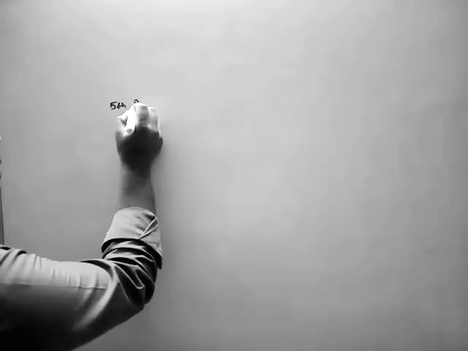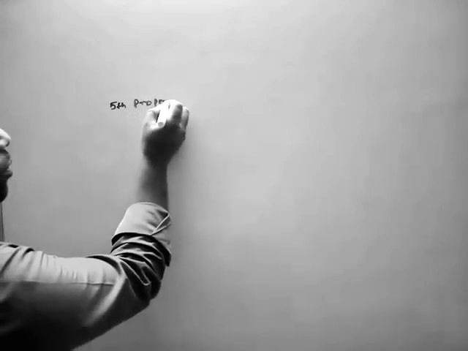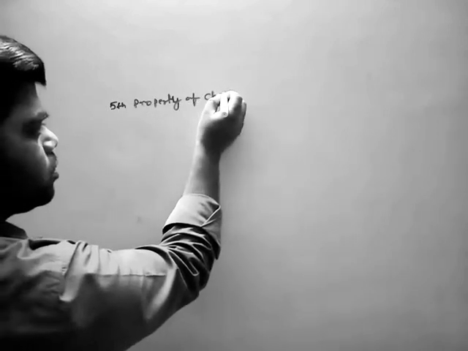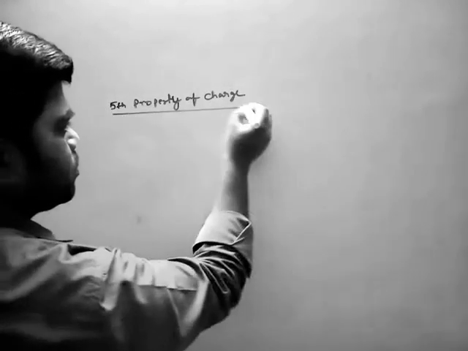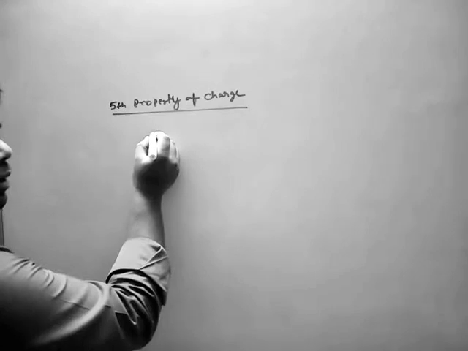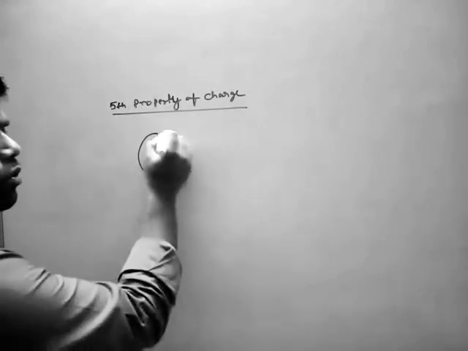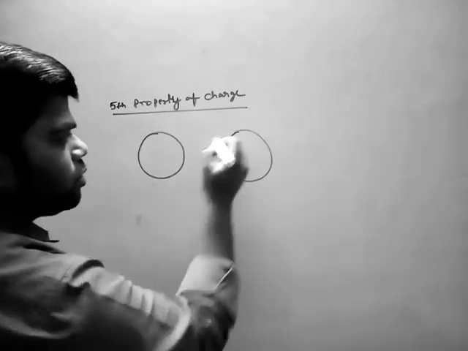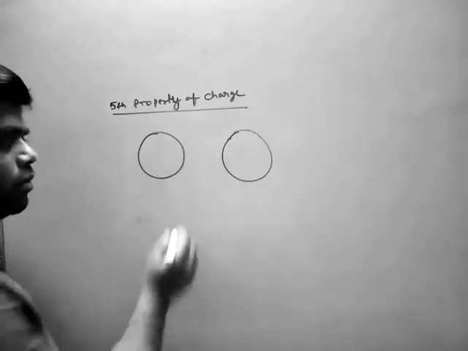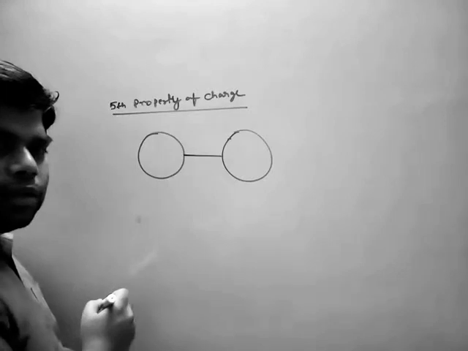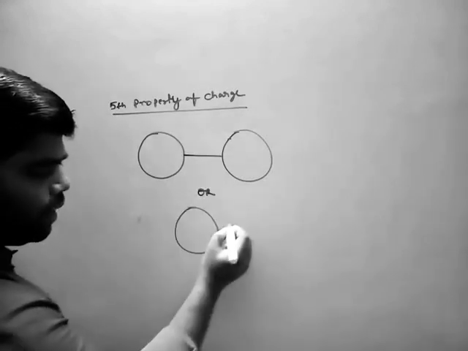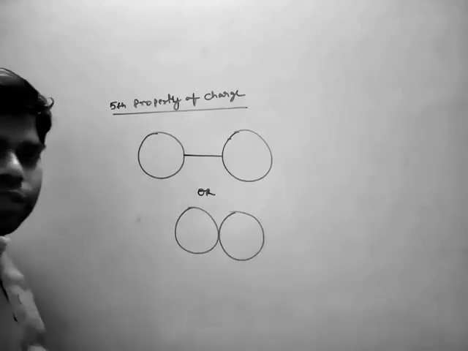Fifth property of charge: there is a flow of electrons from higher potential to lower potential of the same charged body with the help of a wire, or if I bring them in contact with each other.